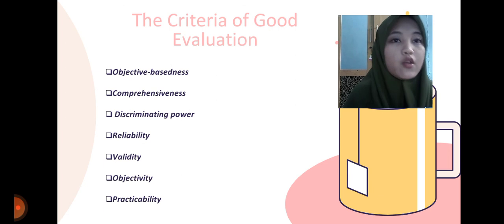Fourth, reliability. Reliability of a tool refers to the degree of consistency and accuracy with which it measures what it is intended to measure. If the evaluation gives more or less the same result every time it is used, such evaluation is said to be reliable.